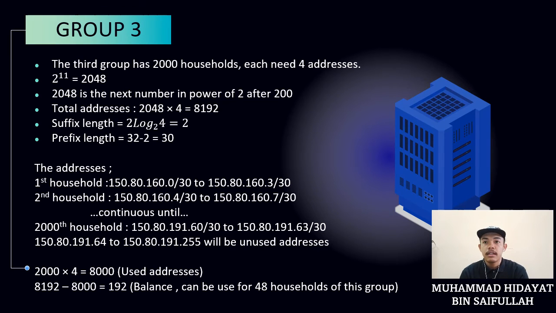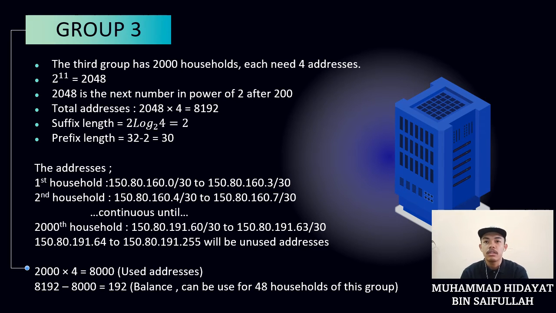For the first household, we get 150.80.160.0/30 to 150.80.160.3/30. For the second household, we get 150.80.160.4/30 to 150.80.160.7/30.